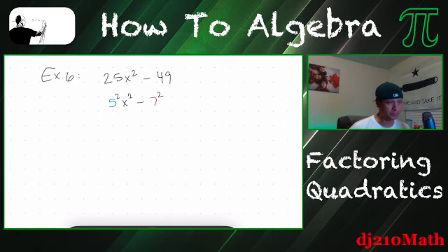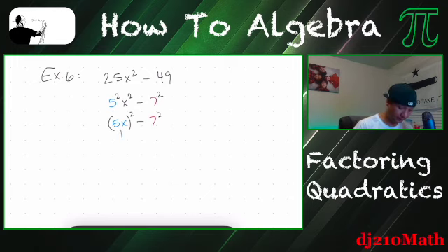Typically there's a variable involved. Right now, this is the ideal case because it's already squared. Sometimes it's not squared, and it could be a higher order, like an 8 or a 6. You always want to rewrite it so that it has a square in it, which we'll cover later. So this is going to be 5x squared, that's my a value, minus the b value, which is 7 squared.